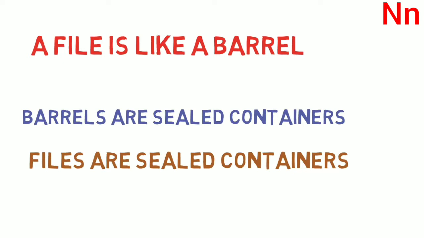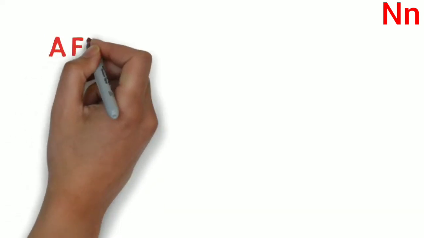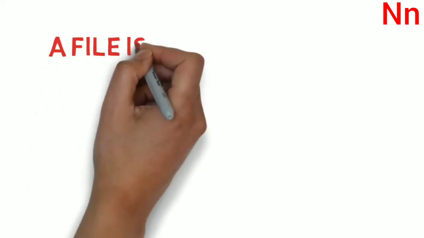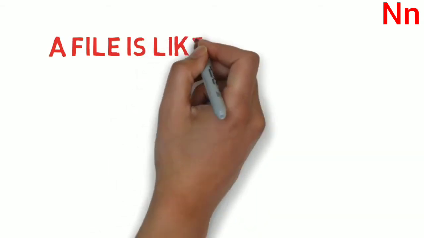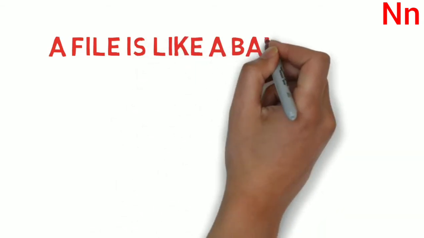And that's just the beginning. Barrels and files have a whole bunch of things in common, and we'll be talking about them in this class. So, what do you generally use a barrel for?